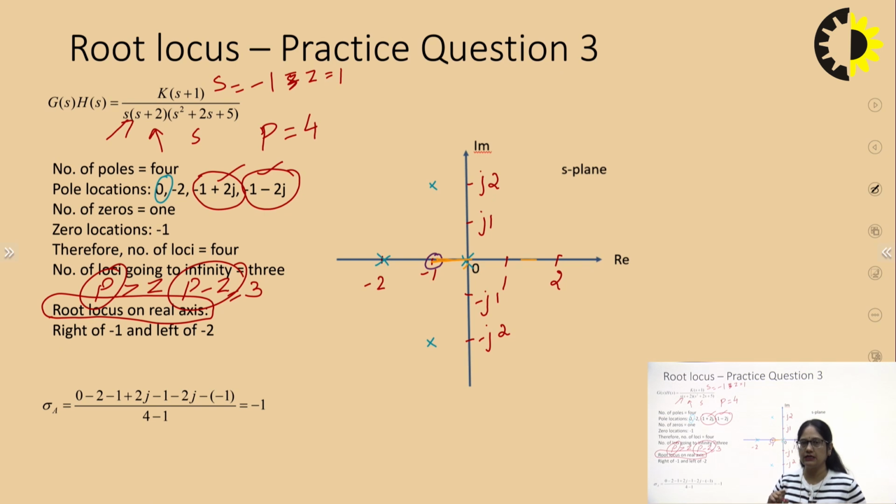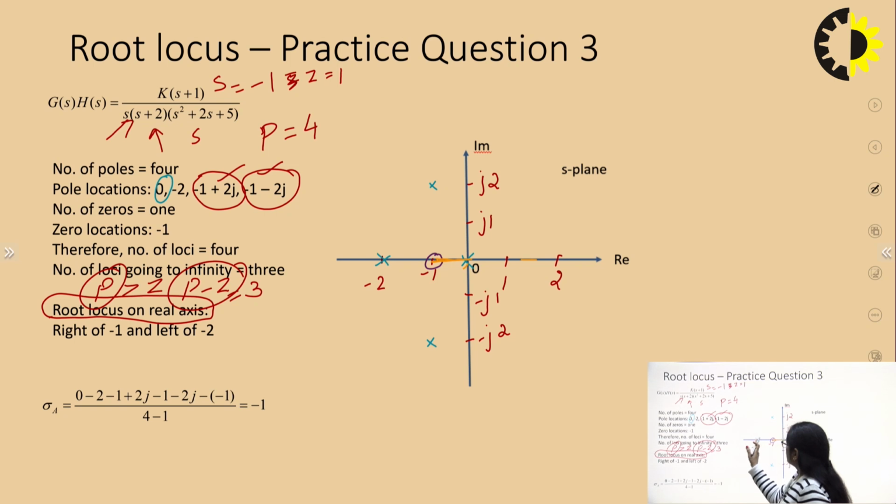So 3 plus 1 is 4, which is an even number. Therefore, the area between minus 2 and minus 1 on the real axis is not part of the root locus.